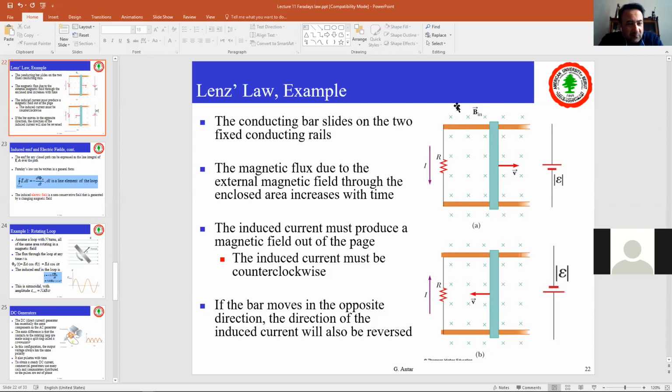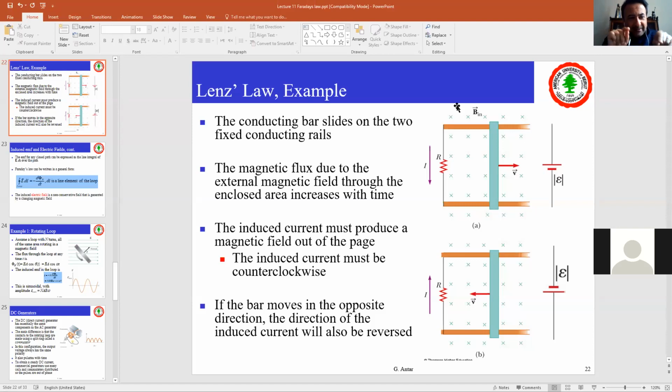The reason it's counterclockwise is that my flux is increasing, so Lenz's law tells me it's going to oppose the change. The induced magnetic field should oppose the external magnetic field. Consequently, it's going to be up the page, and since B induced is up the page, my current is going to be in this direction.